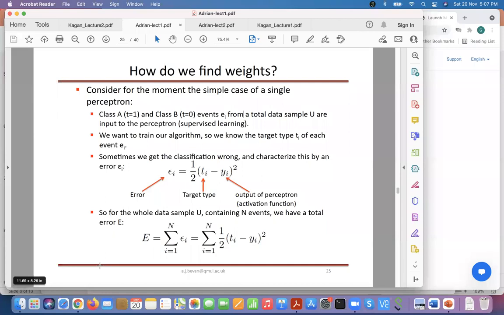Okay, so this is what it is. We define the so-called error the way you see in this equation.